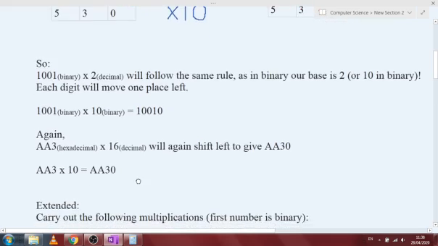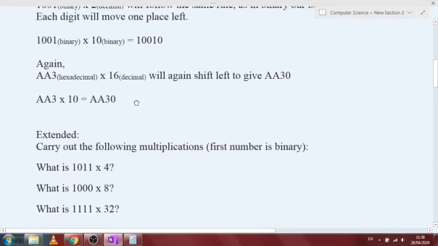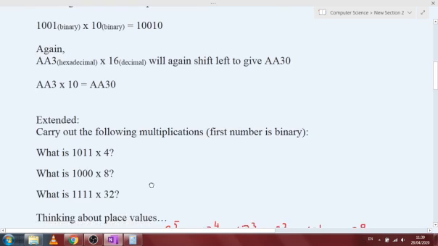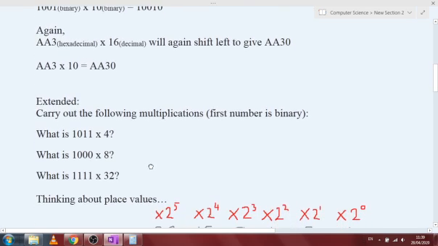So let's extend this now a little bit and look at a couple more examples. So what if we had to multiply 1011 times 4, or 1000 times 8, and 1111 by 32. Again, these are binary, and then these are decimals. So again, we break this down. We think about our place values. So we have 2 to the 0, 1, 2, 3, 4, 5.